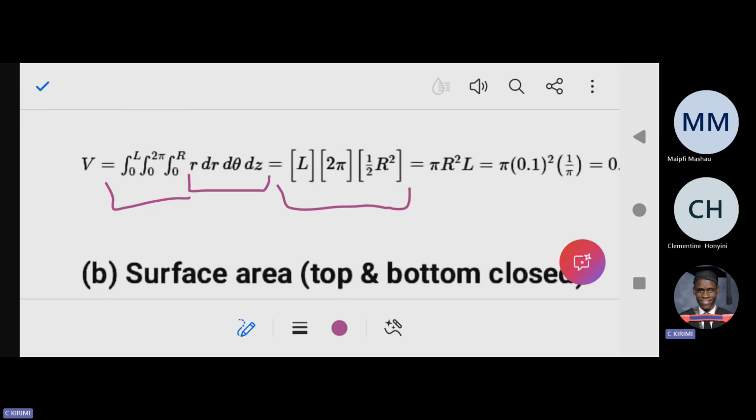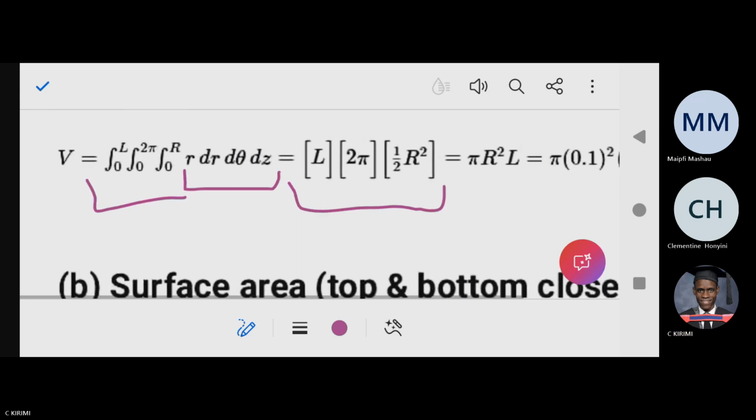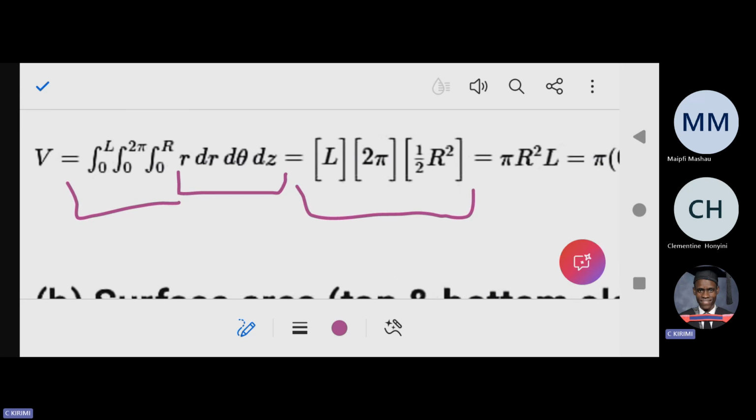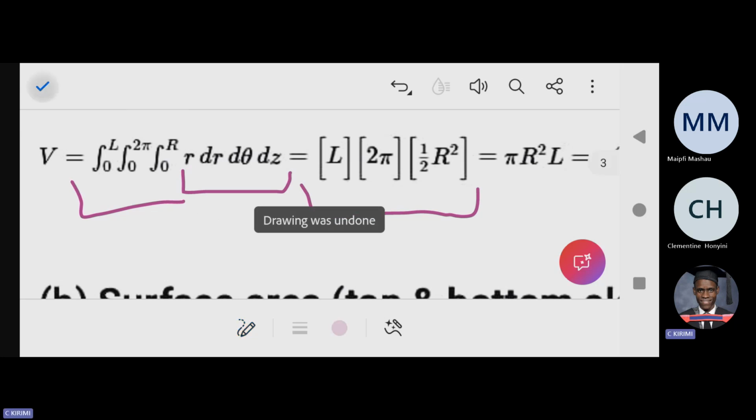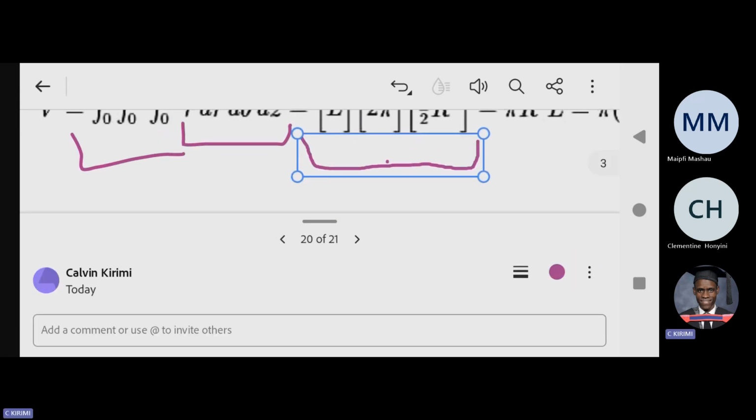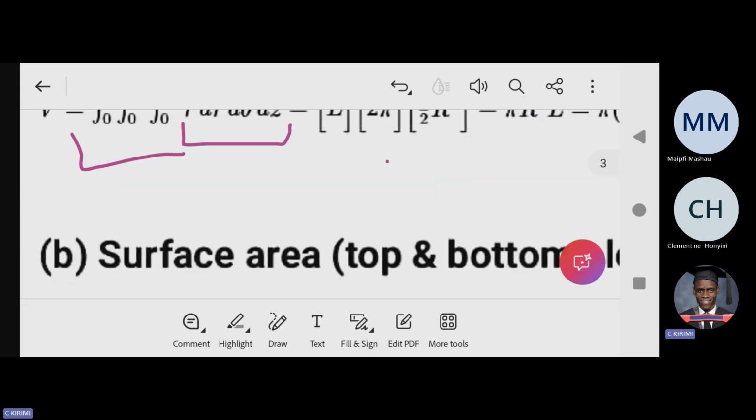What is the integral of r? If you integrate r, it is r squared over 2. If you can't integrate this one, guys, how are you surviving in maths?